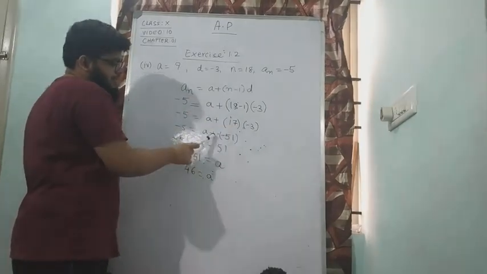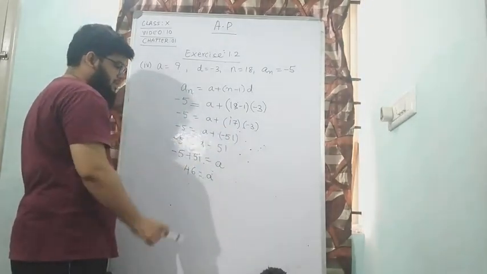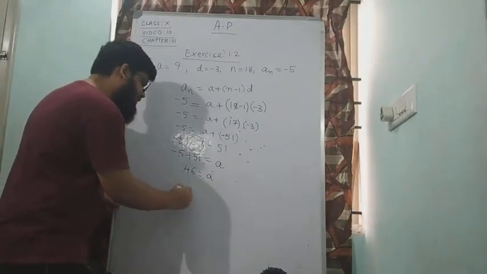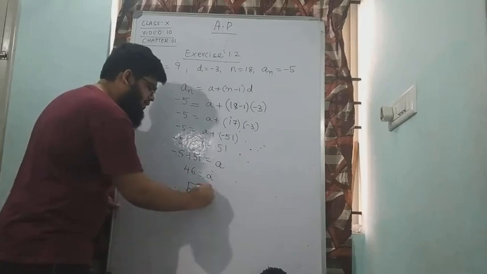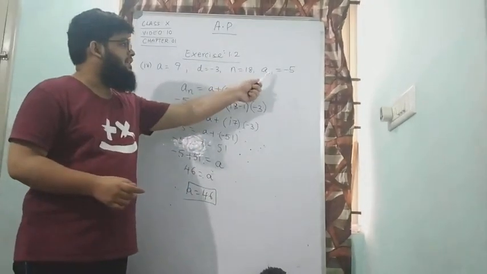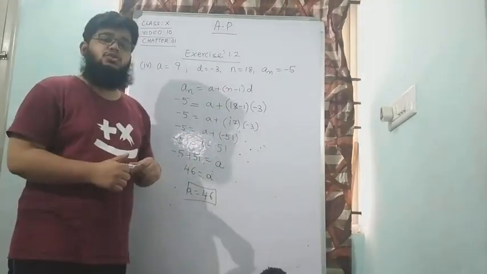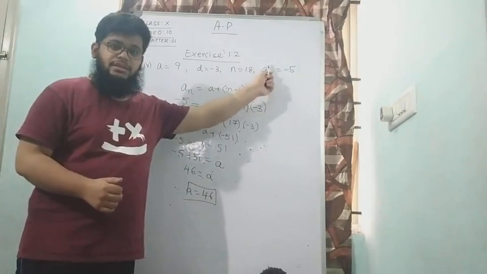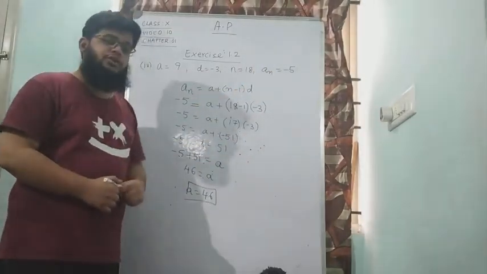So plus into minus is minus 51, on the other side 51 minus 5 is 46. Therefore, the value of a is 46 for this problem. I think in the textbook the value of an is given as minus 15. So even otherwise, if we take the value of an as minus 5 in the given question, the value of a is going to be 46.